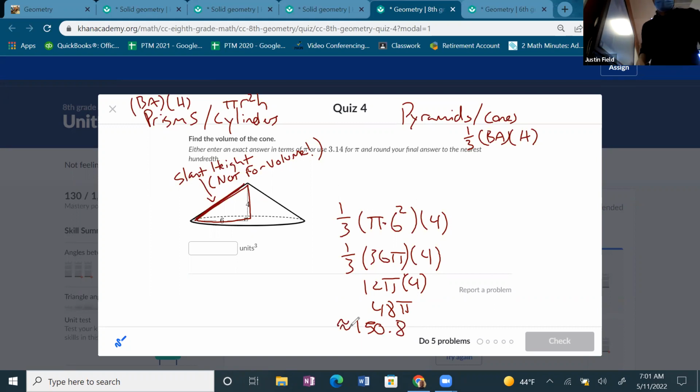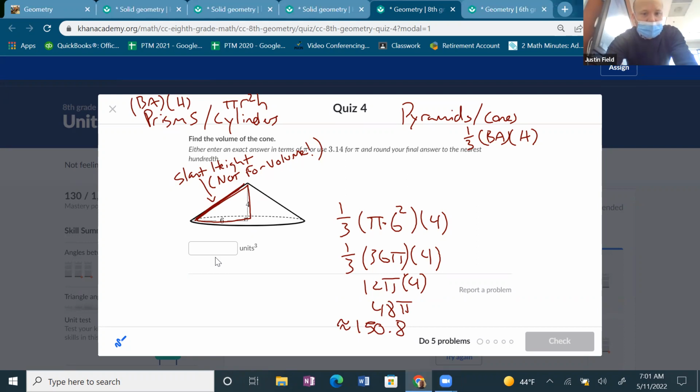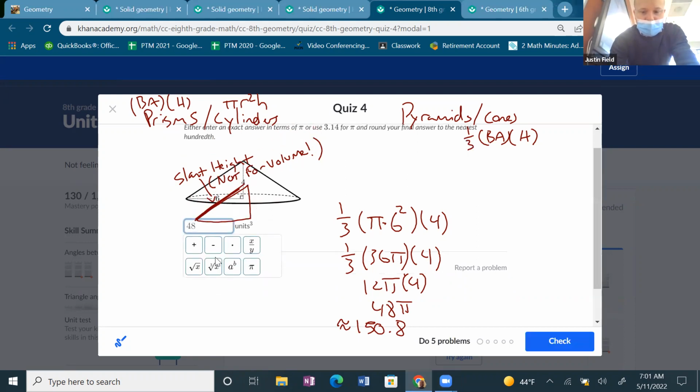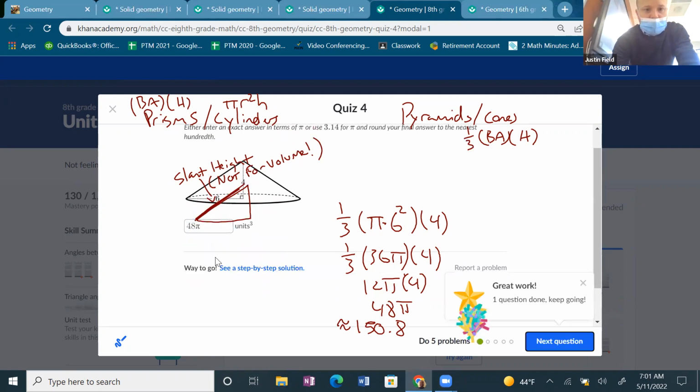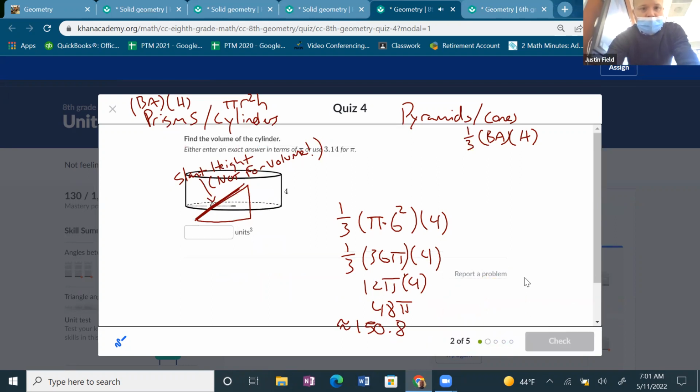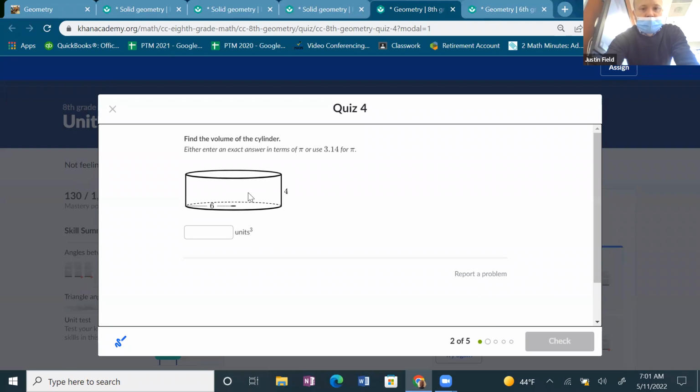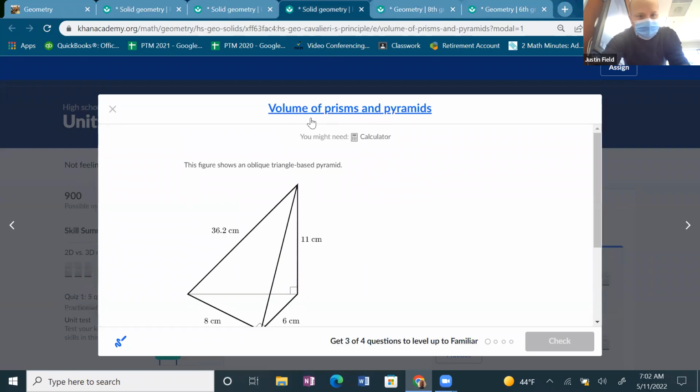All right, but we're not going to use the approximate volume when we know the exact volume. And that's how we do that. Now, that's a cylinder, so you're just going to find the area of the base and then multiply by the height.